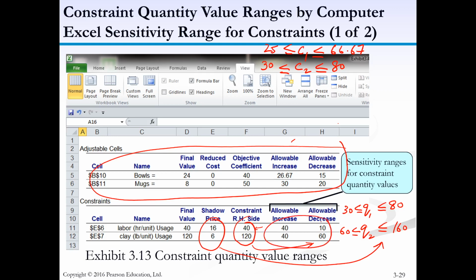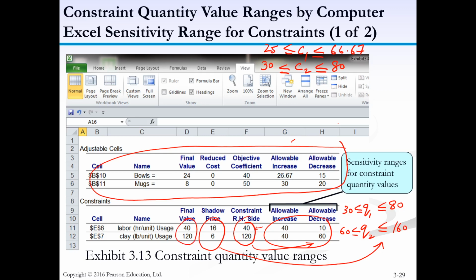This is very good information from the management point of view, because now they know the worth of the resource, and how much we can increase the number of hours or number of pounds, etc., so that we can increase the profit. So allowable increase and decrease tells us the range over which these shadow prices are valid.